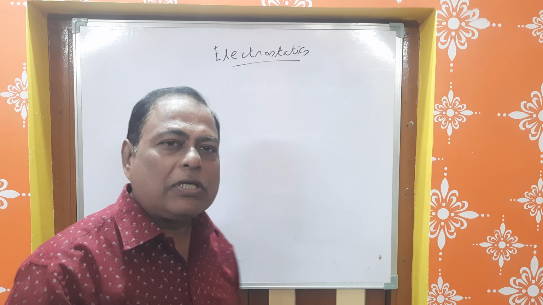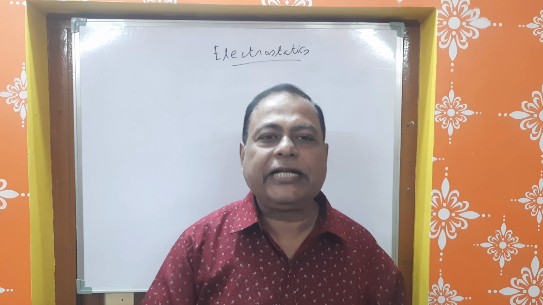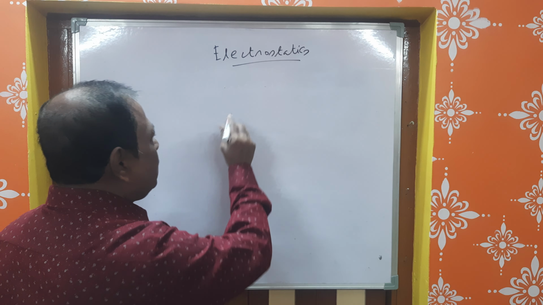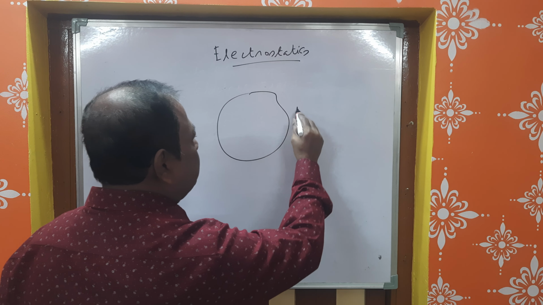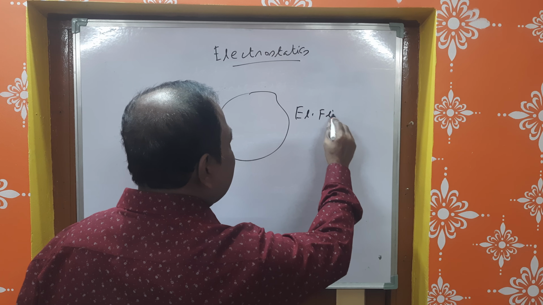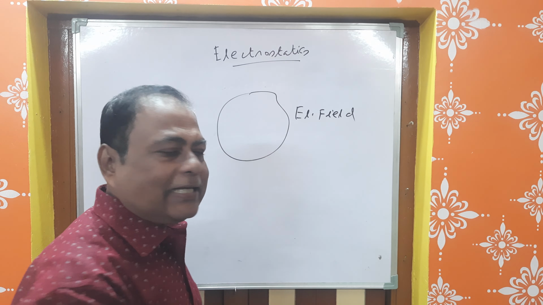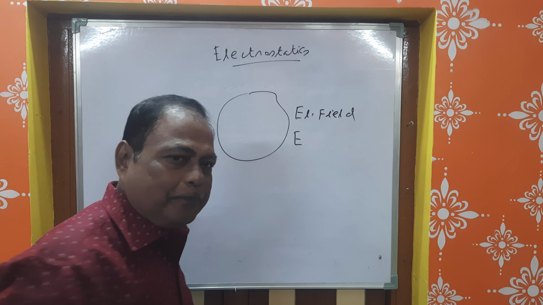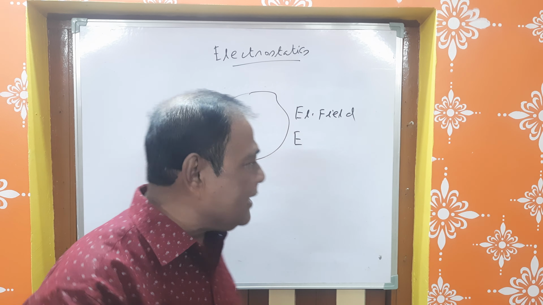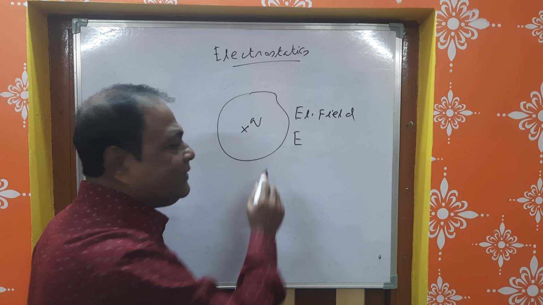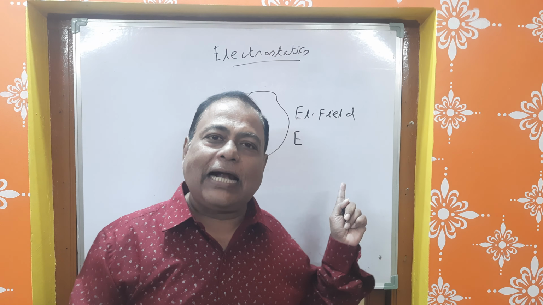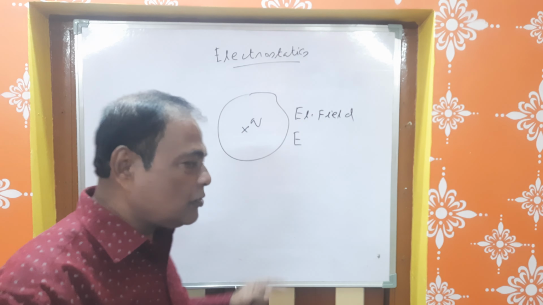Now, suppose I consider an electric field. Electric field is measured by the term intensity E. Now place a charge Q inside the electric field. This charge will experience some force.